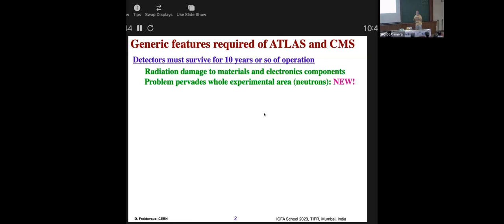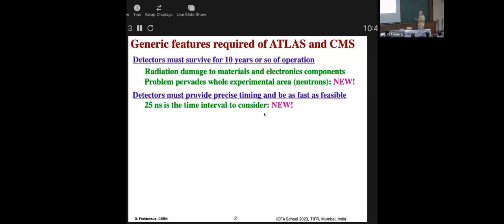They can produce signals in the detectors at such a rate that you can get background, which can even produce tracks because they can produce kaons, for example, charged kaons, which decay to charged pions. And then you see tracks and you think maybe I've seen a muon, but actually it's not a muon. So the whole experimental area is pervaded with this problem of radiation damage or radiation just present.